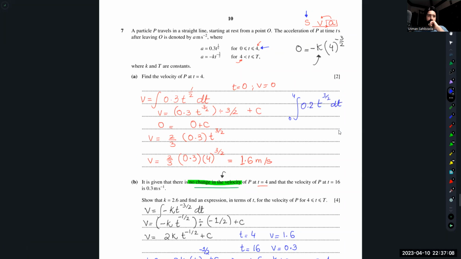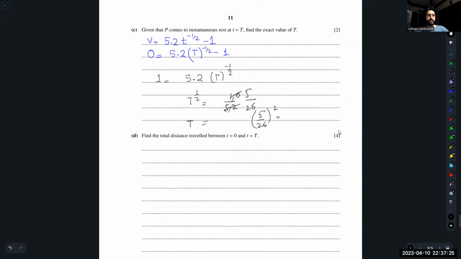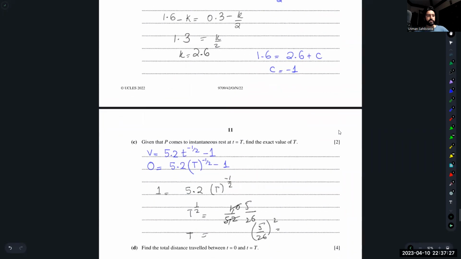We're going to increase the power, 0.2 t की पावर 5/2, and we will divide by the new power and apply limits 4 and 0. एक ये आ जाएगा direct, and then we will also integrate the other expression ये वाला.